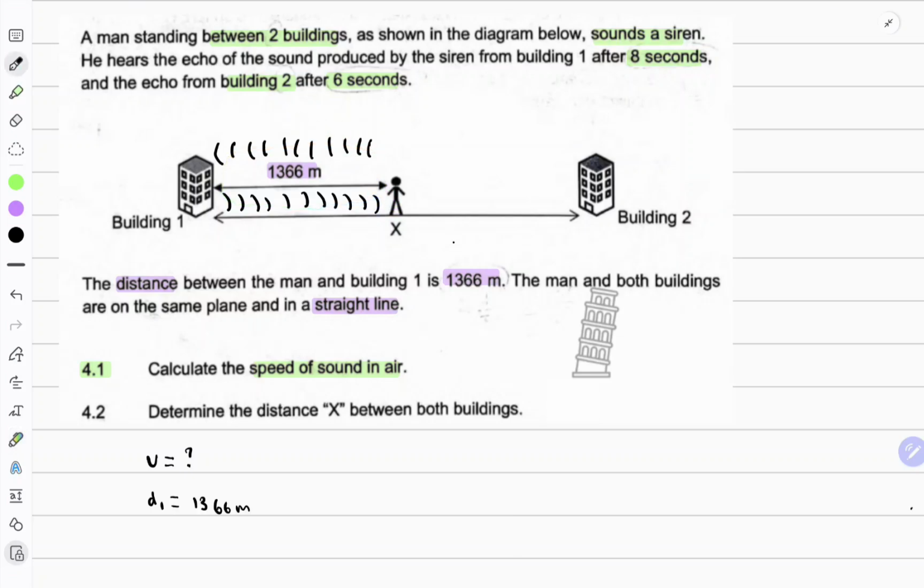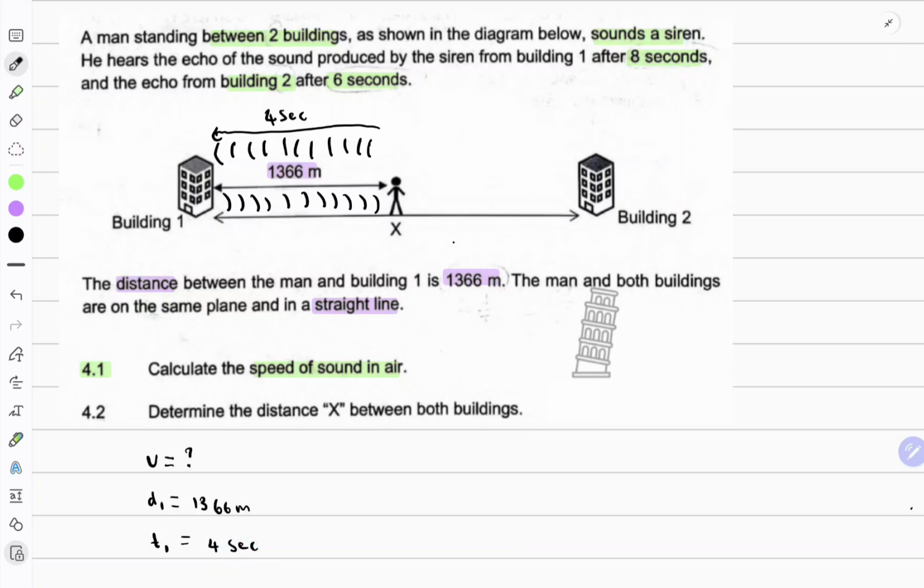It means that the time taken for the sound wave to reach the building would then be half the time, which is 4 seconds. And another 4 seconds is the time taken for the sound wave to return to the source. So the time taken for the sound to reach the building, represented by T1, is 4 seconds.